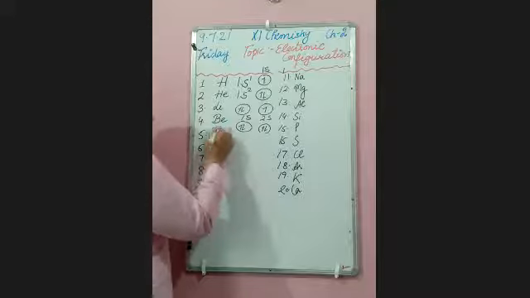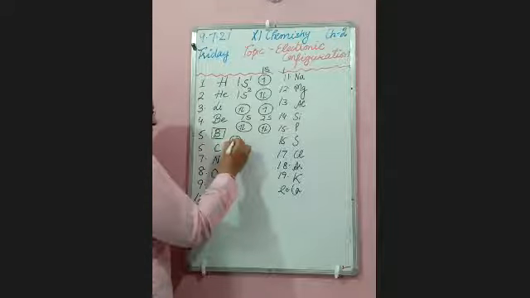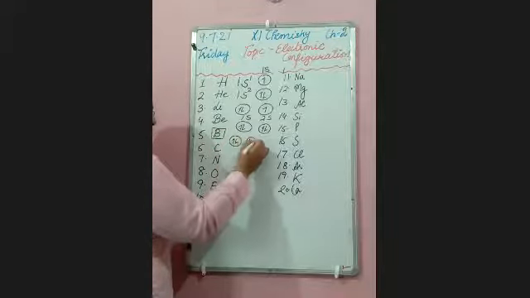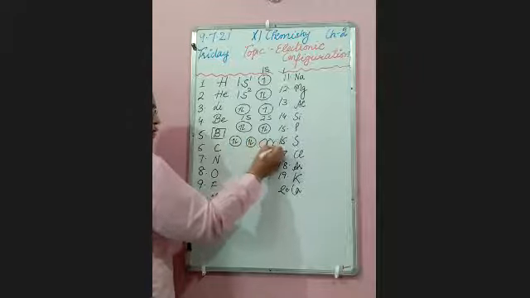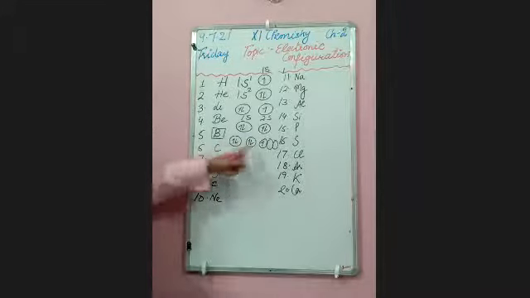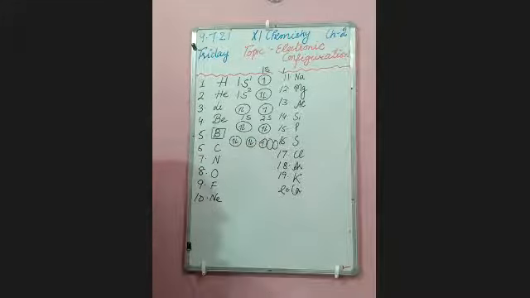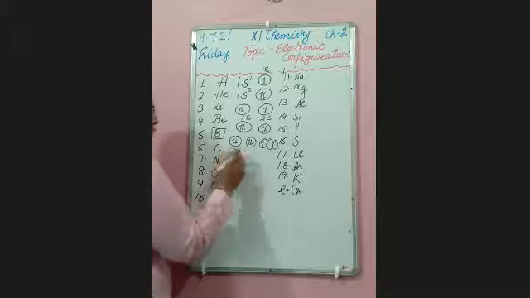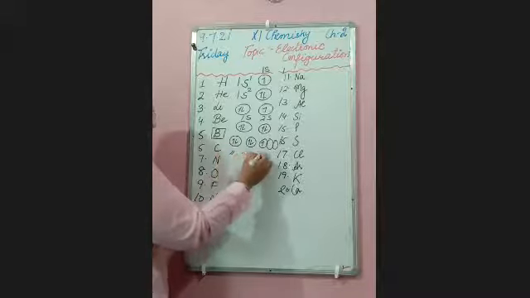In case of boron, 1s, 2s, and 2p is having 3 orbitals. So it is having only 1 electron. It will move to either px, py, pz. It's up to you. Now I am not filling this, I am filling p.